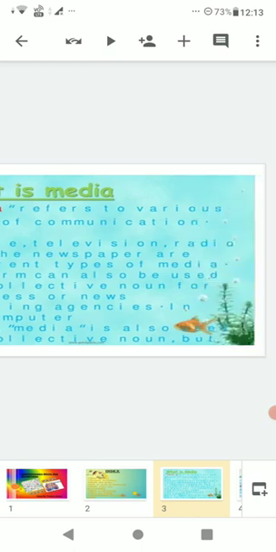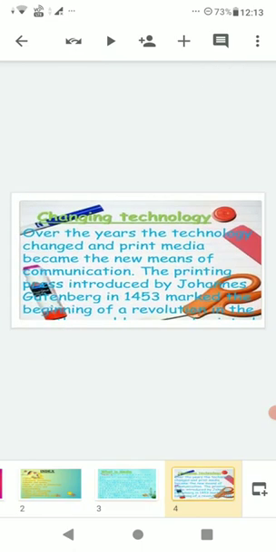Newspapers and magazines are the print media, while TV and radio are the electronic media. The naming is related to the different technologies that the media use. So changing technology over the years, the technology changed the print media, became the new means of communication.